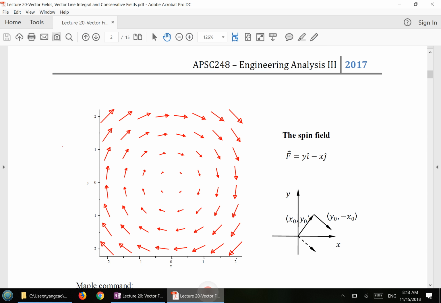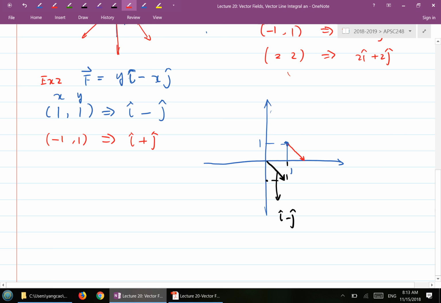So let's find the negative 1, 1 point, which is over here, okay? And we're plotting a vector at this location, i hat plus j hat. And you will see the vector will look like this, because 1, 1 is this vector, right? So you move it over here, you get this vector. Okay. So that's how you construct it.